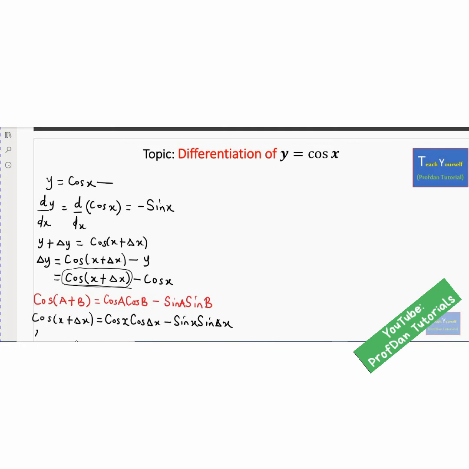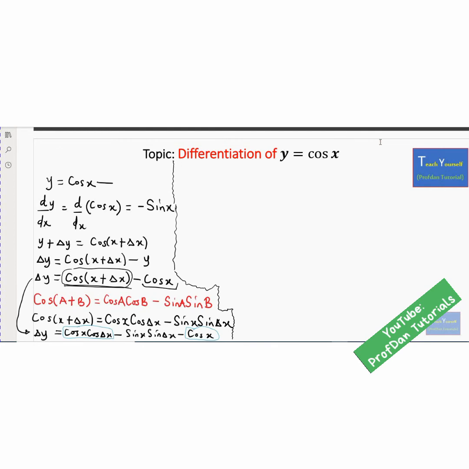Therefore, if we substitute back, our change in y, or delta y, will be equal to the whole of this expansion: cos x cos delta x minus sine x sine of delta x, then the second term, minus cos x.